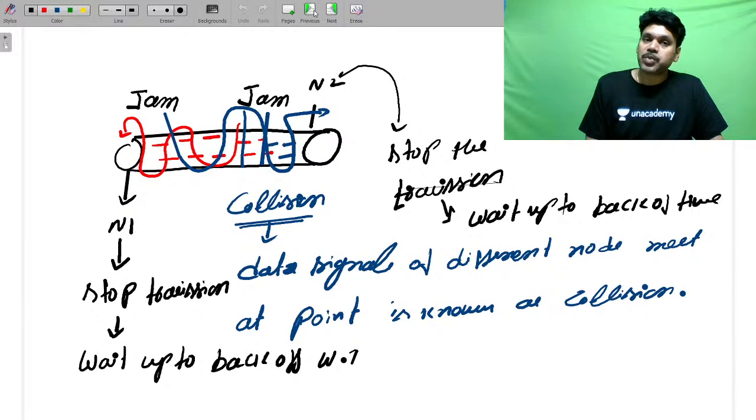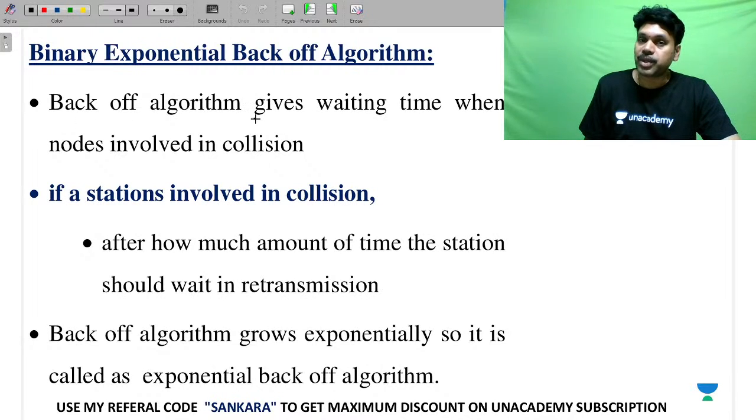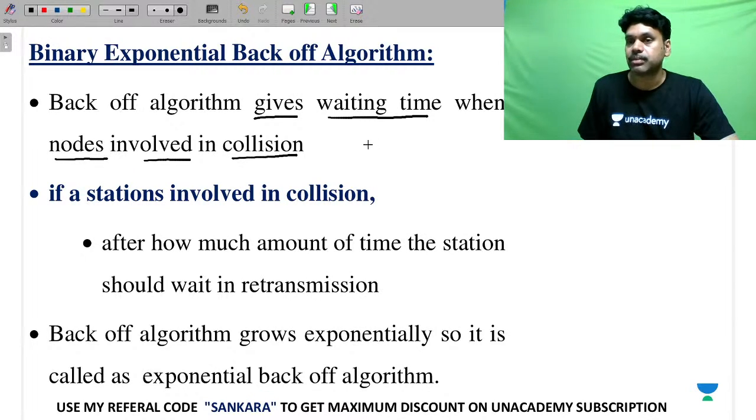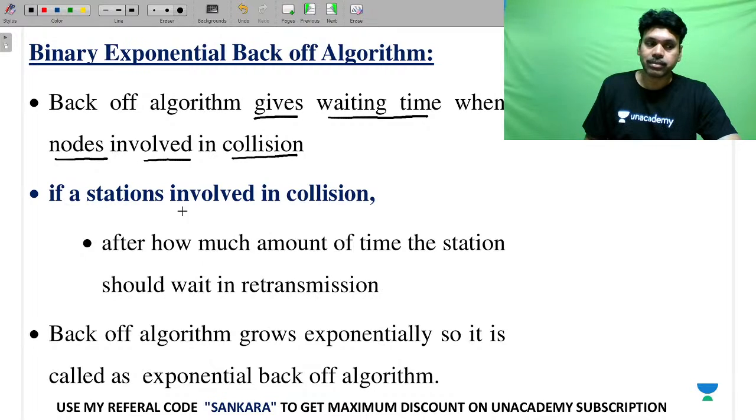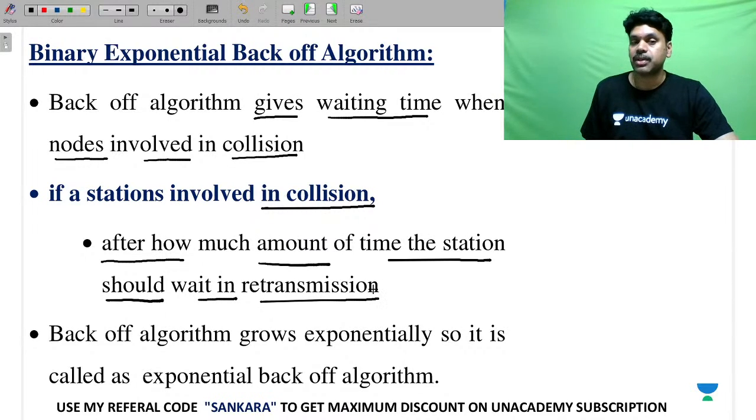So what is the binary exponential Backoff algorithm saying? The Backoff algorithm gives the waiting time when a node is involved in a collision. If a station is involved in a collision, it decides after how much time the station should wait for the retransmission, because your previous data is already lost.